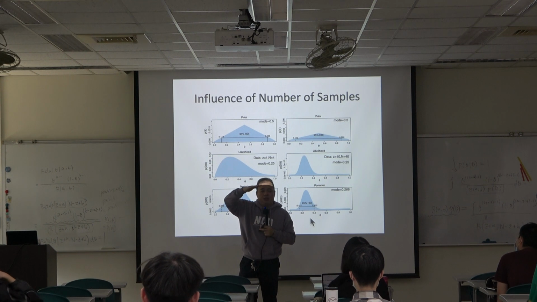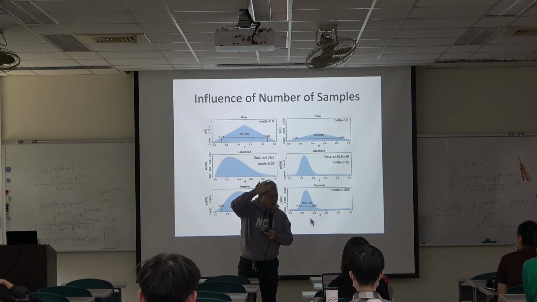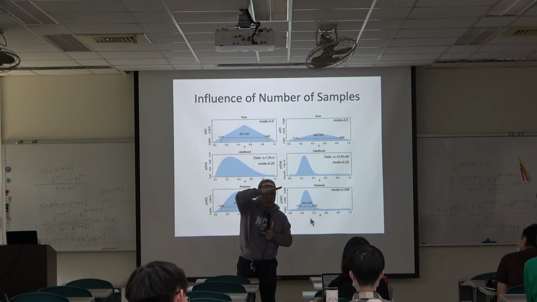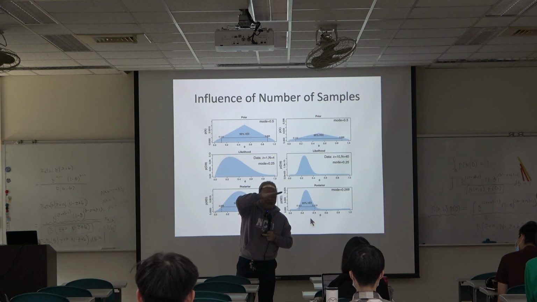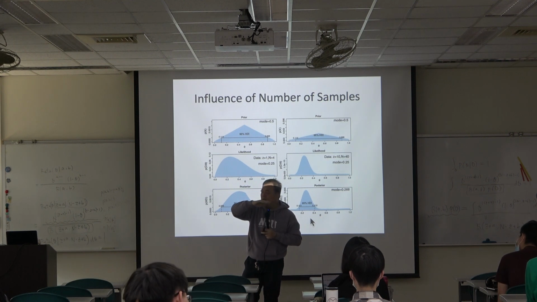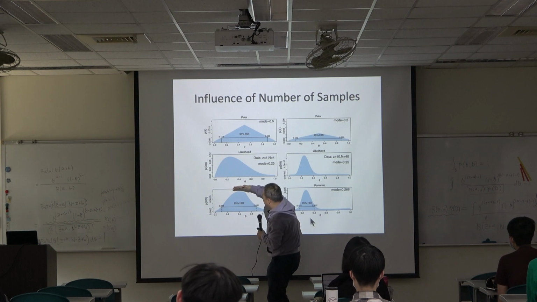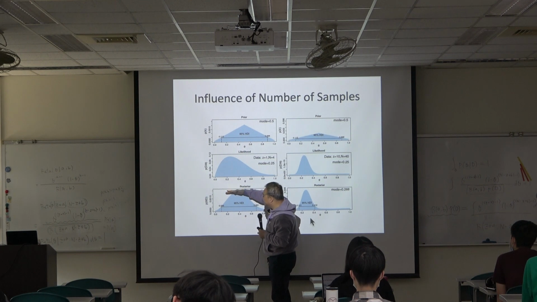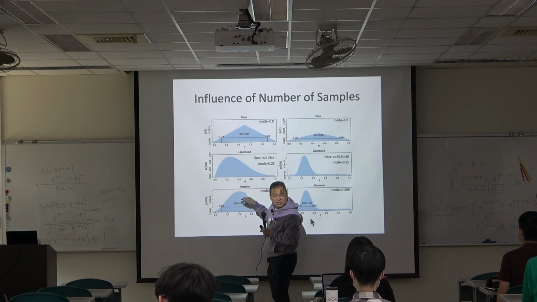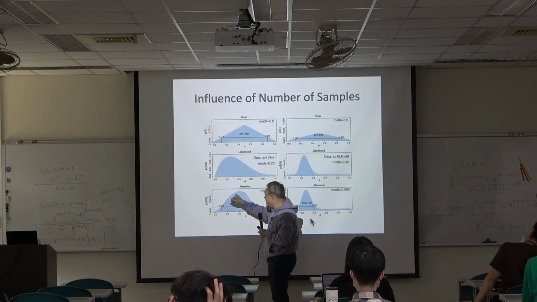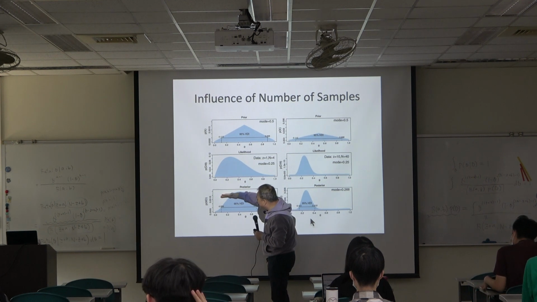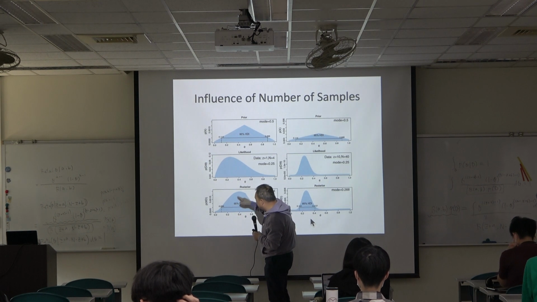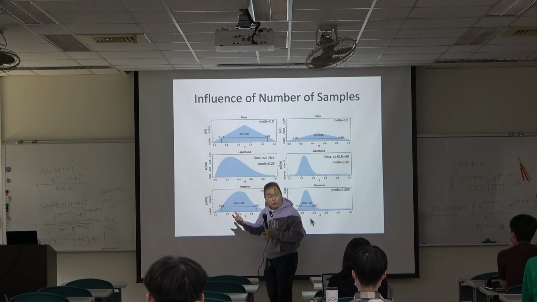So the idea is like this. You imagine there's a horizontal line, and you move that horizontal line down. For example here, when you move the horizontal line down, it will touch the contour of this distribution at 2 points, or maybe more than 2, but you get the idea. When we touch here, you do the integration from here to here, and it gives you a portion of this distribution.